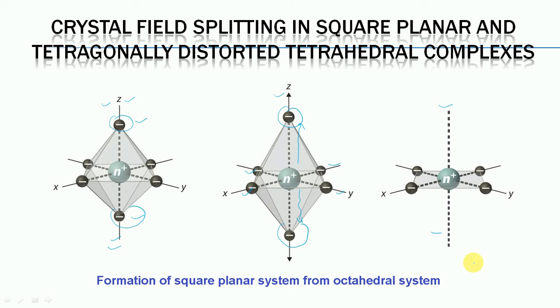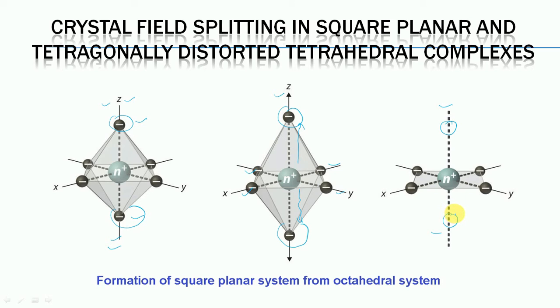When these ligands along the z-axis are removed away, the ligands in the xy plane tend to come closer to the central metal ion.